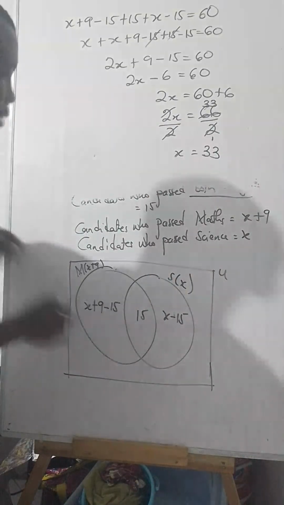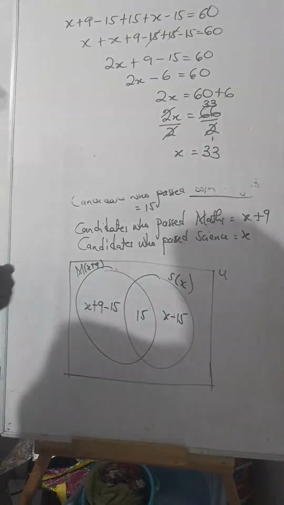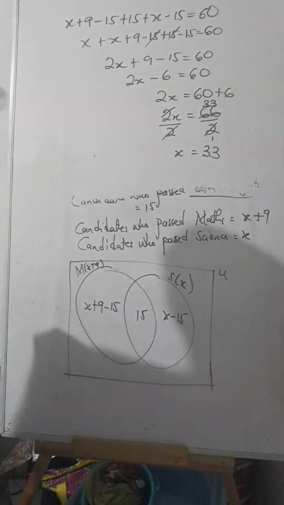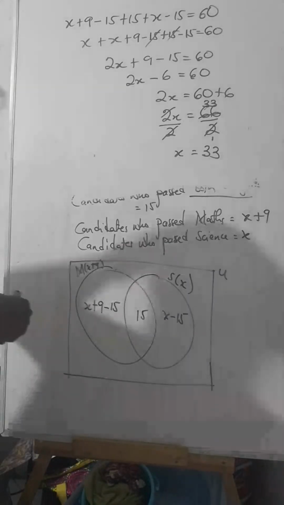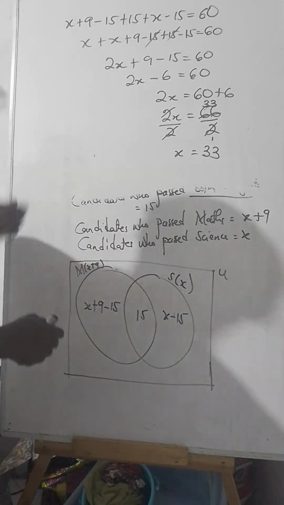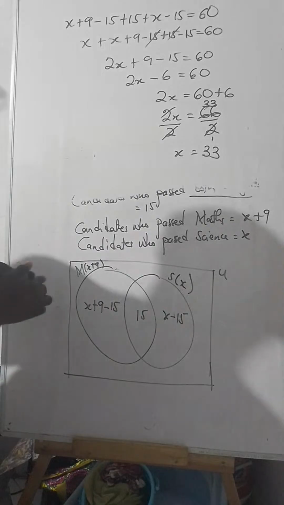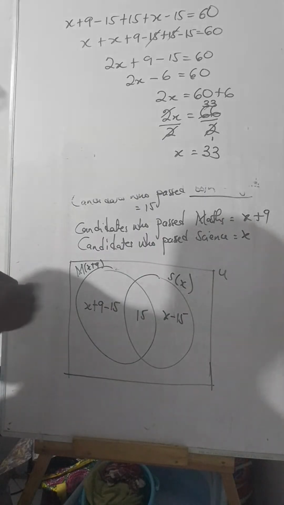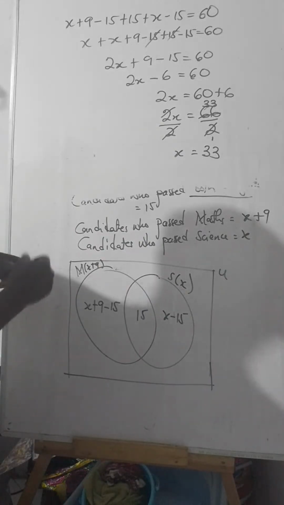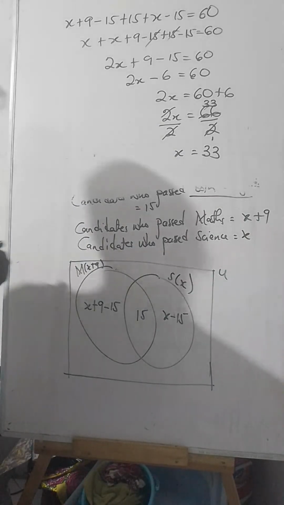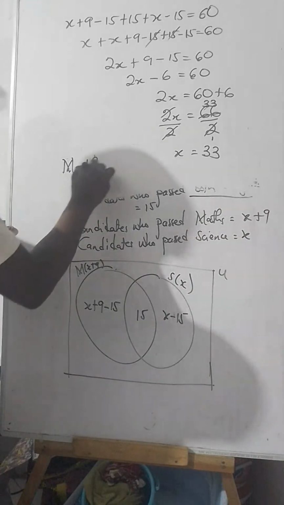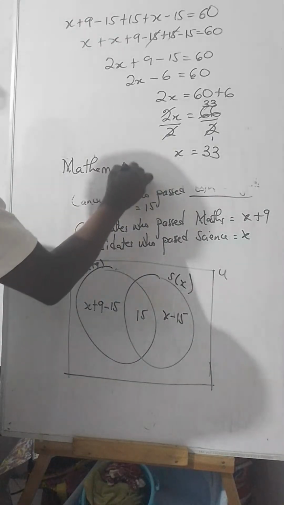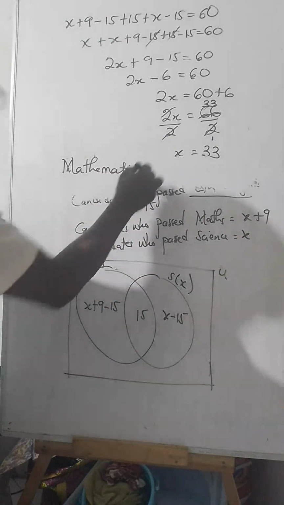33. Right. So now back to the main question, which is asking for those who pass exactly one of the two subjects, and those who pass in each subject. In each subject you have the maths.